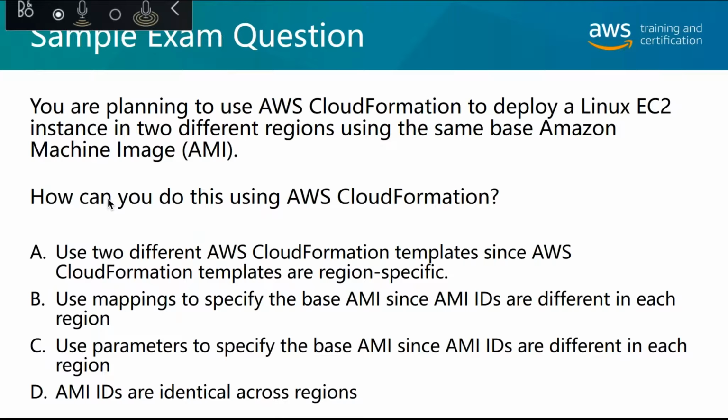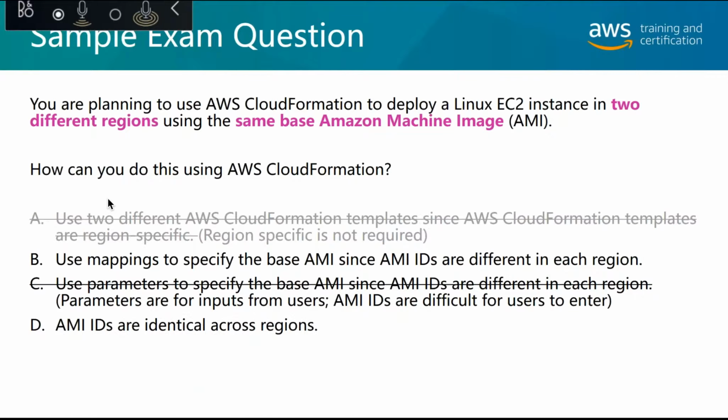So, exam question, sample question. You are planning to use CloudFormation to deploy a Linux EC2 instance in 2 different regions using the same base AMI. How can you do this using CloudFormation? It says 2 different regions. So, use 2 different AWS CloudFormation templates.